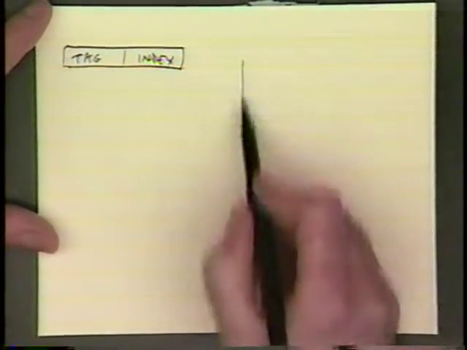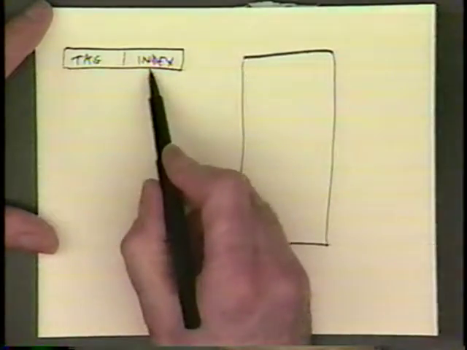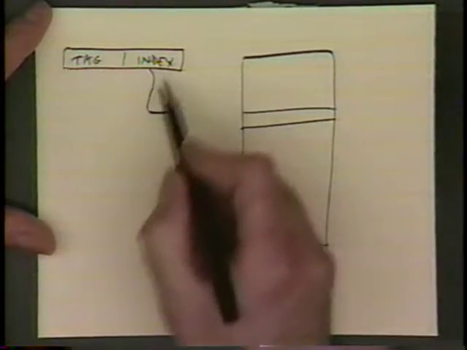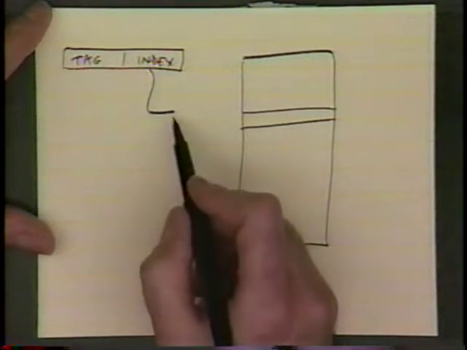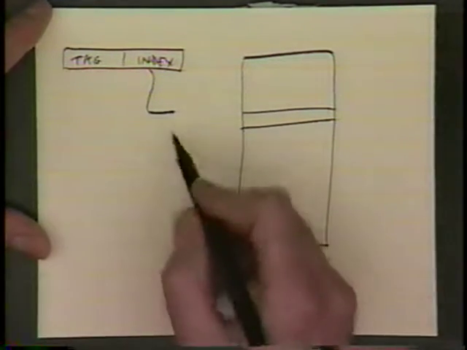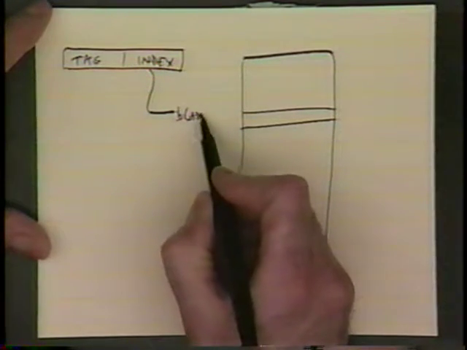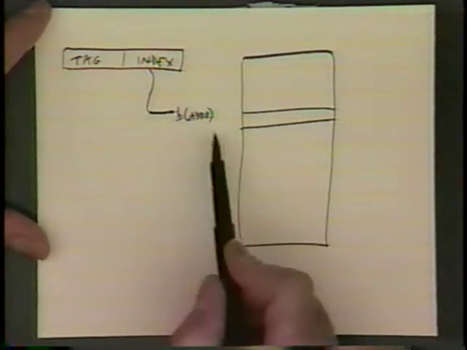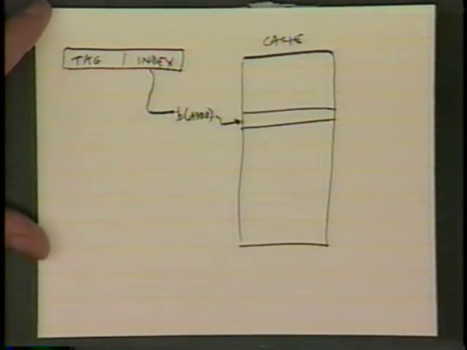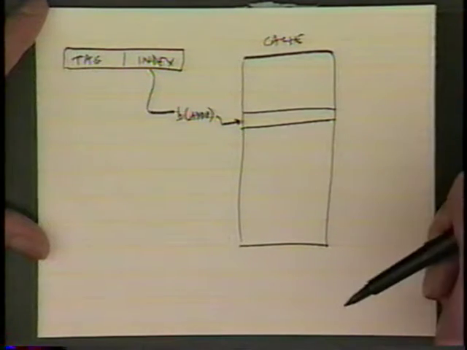If you start with an address, you divide it into a tag part and an index part that you're going to use to look up in the cache. You start using the normal function that you use to find an element in the cache, which usually is just taking the index bits and using it as the address into the cache. To be consistent with PA3 terminology, let's call that B of the address. So B generates some place to look up in the cache to see whether that element is there. And in a direct map cache, if it's there, you win. If it's not, you lose.